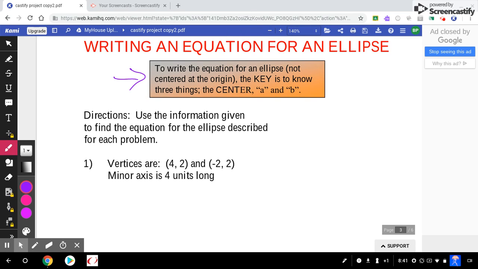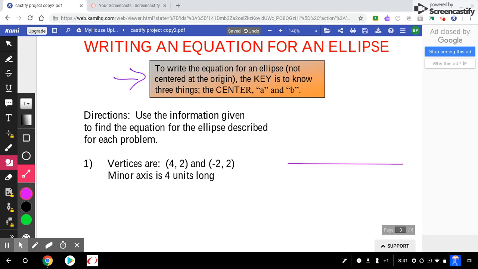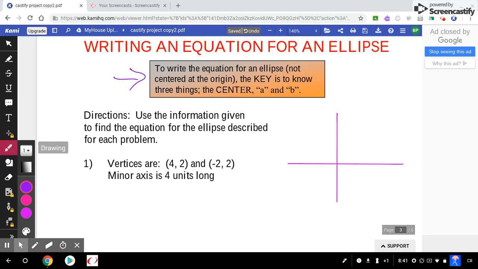You are just flat out crazy if you do not draw the information given. So let's get a little XY axis going here, and let's see what we got. All right, well, for starters, given in the information 4 comma 2.